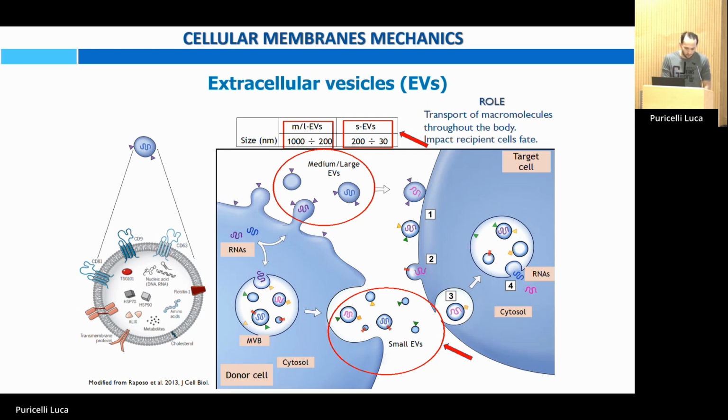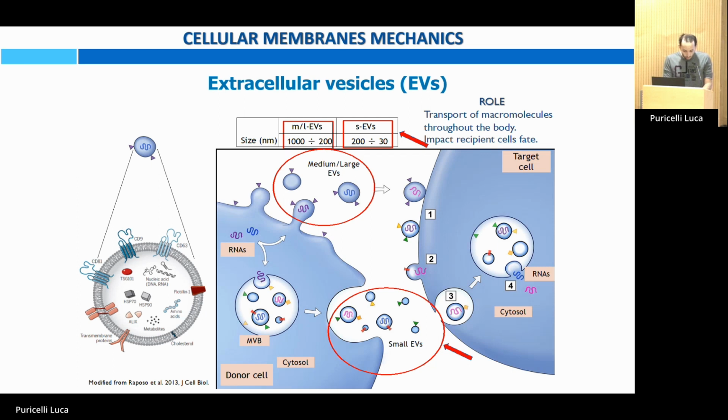So everything that goes out or in has to fuse in some way with the cellular membrane. And also because the cells communicate with each other, exploiting the so-called extracellular vesicles, which are also built in some cases using the help of the cellular membrane.